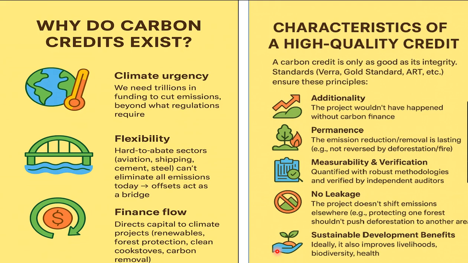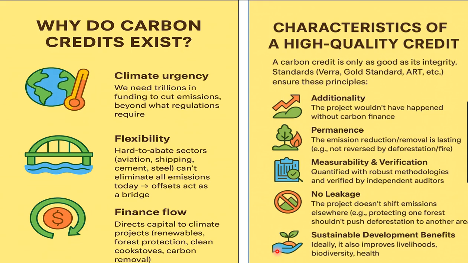Neutralization of residual emissions. So that was the first point. The second point is that there are regulations around the world. The biggest companies have to neutralize for compliance purposes. If they cannot, they will be subjected to penalties. So there are two forces. One is voluntary, which we talked about.